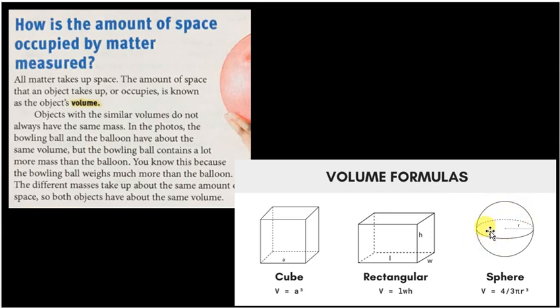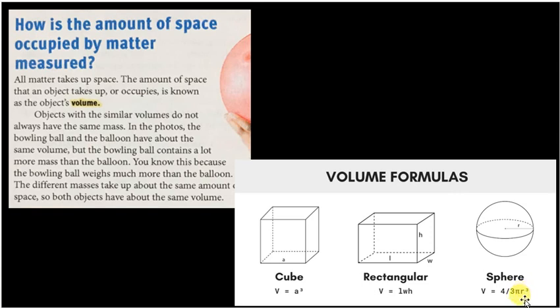If I have a sphere, and we used this before when it comes to planets, okay? Remember in the packet when we were finding the volume of the various planets and stars? So we use this formula. We find the radius. Look at the radius from the very center all the way to the edge. That's called the radius. So we take the radius and we cube it.